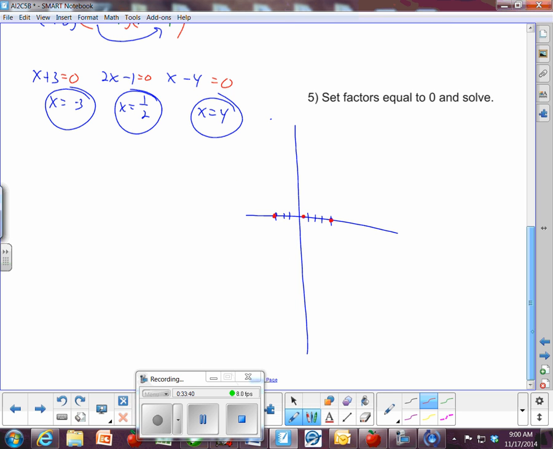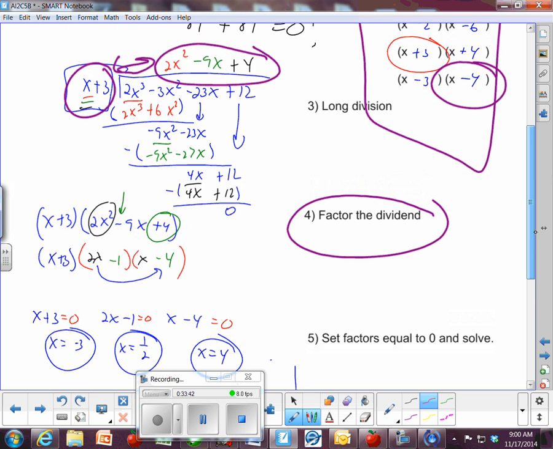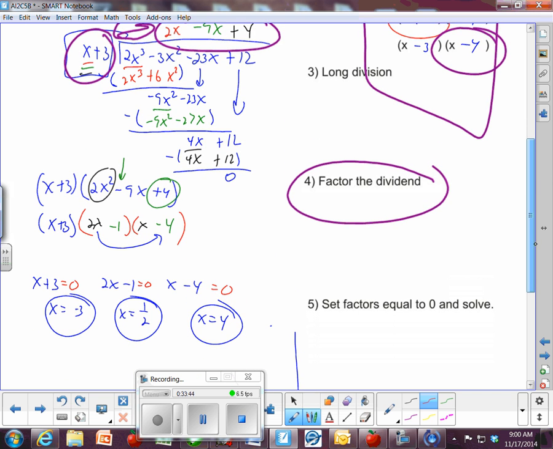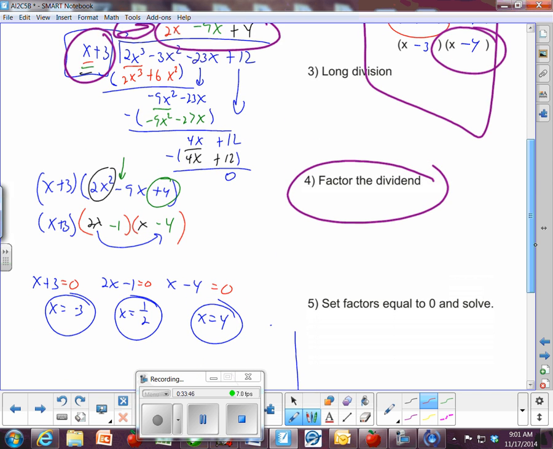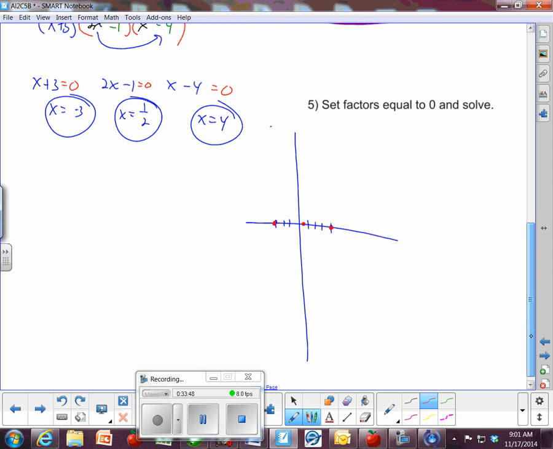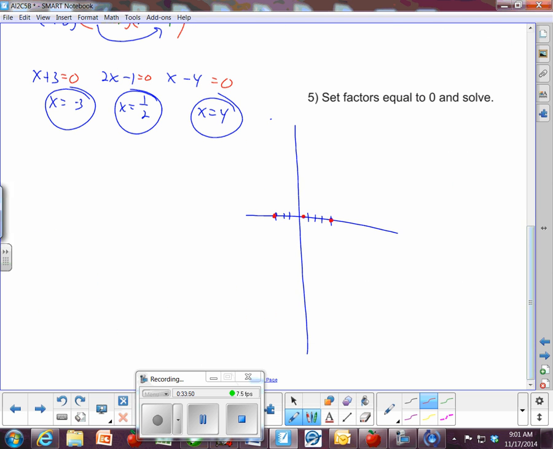And we're going to talk about this the next couple days. But because of what this function is, right, 2x cubed minus 3x squared minus 23x plus 12, I can tell you this. We'll do a little bit more to figure out exactly where it goes, but I know this thing goes something like this. And you'll figure that out after tomorrow as well.